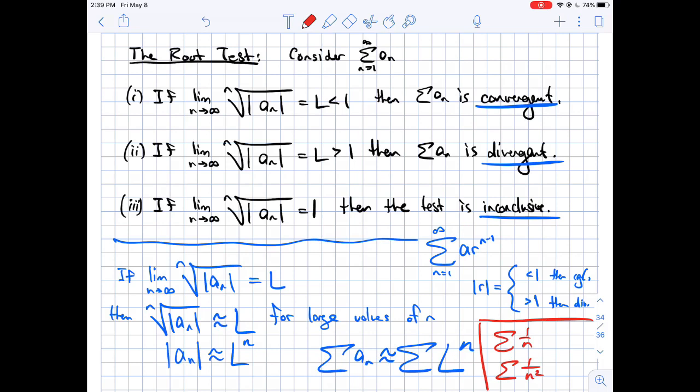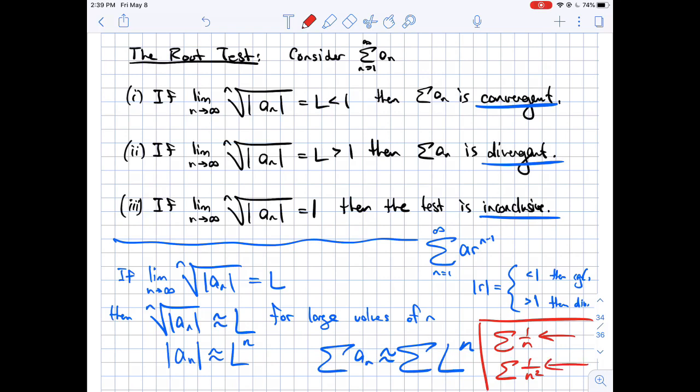You're going to get a similar problem: one converges and one diverges. The limits are going to be much more complicated, and I'm not going to get into them, but if you end up getting 1 as your limit for the root test, it's inconclusive because you don't know whether it diverges like the harmonic series or converges like 1 over n squared.